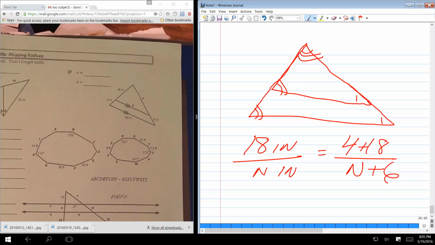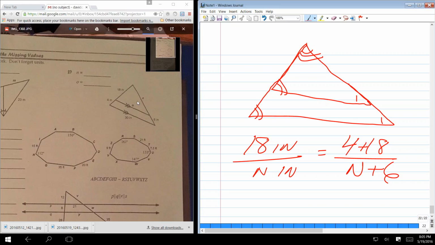And I'm not 100% sure that that is the same as 4 over 6. I don't think it is. I'm not sure if you can say 18 is to n as 4 is to 6. I don't think you can.